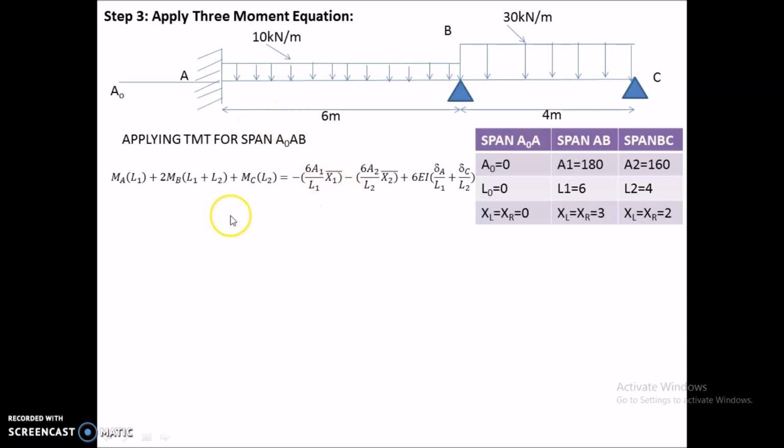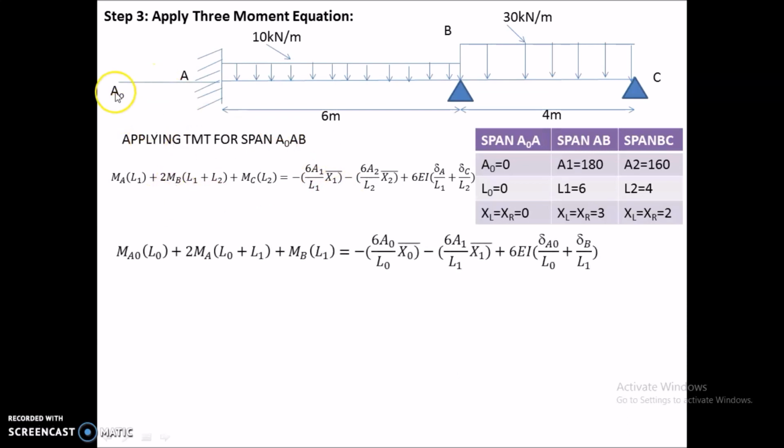Now coming to this problem here, since we are applying for the span A0, A and B, here MA will be MA0, MB will be MA, and MC will be MB here. And this is L0 and this is L1.